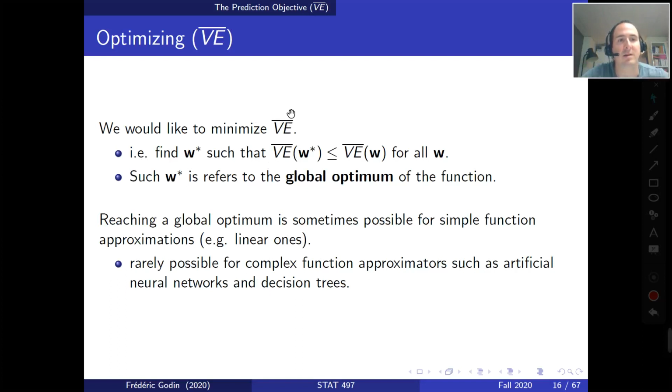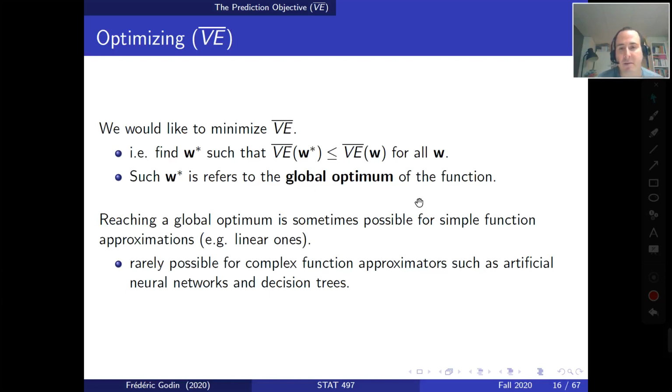So we would like to find W star, such that the objective function for W star is smaller or equal to the objective function for all possible candidates W, all possible weight vectors or parameter vectors. Such a value W star would be known as the global optimum. It's the true minimizing argument of the objective function.